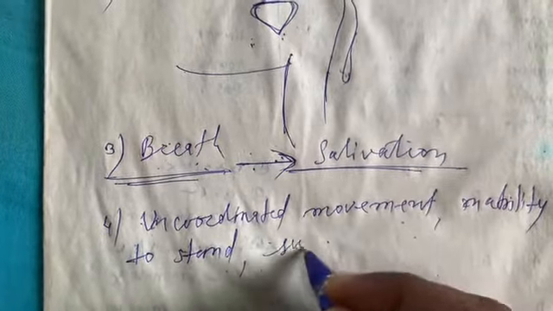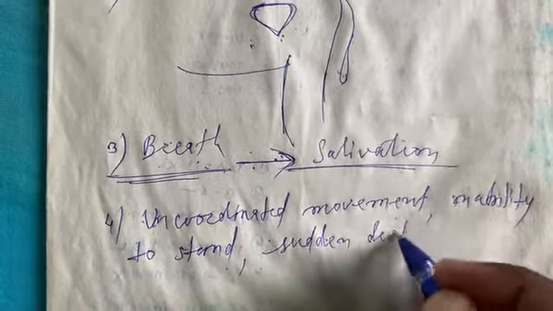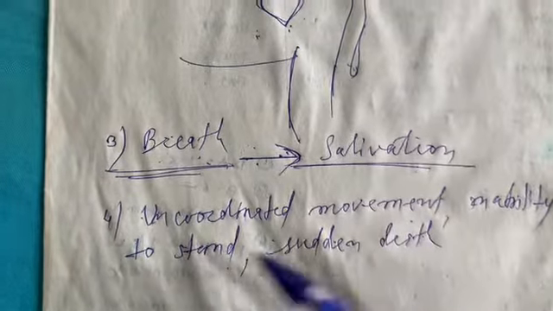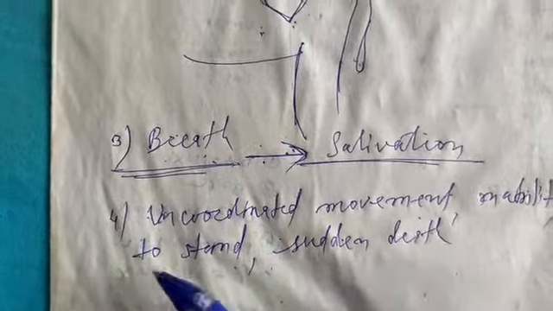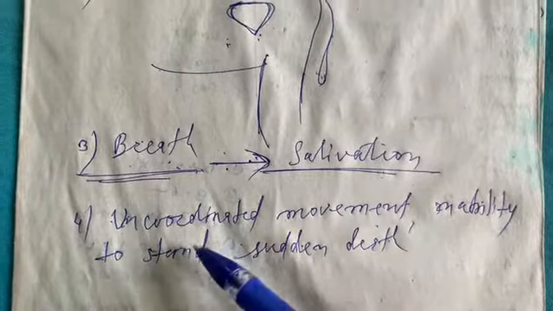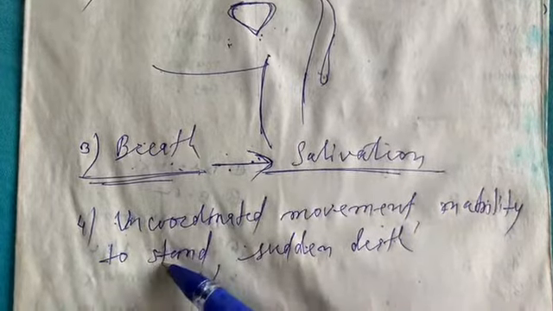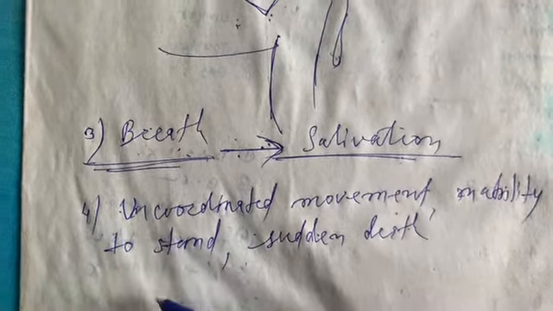And you may find sudden death. Okay. So, this is again an important symptom: uncontrolled movement, meaning the animal has difficulty in respiration.